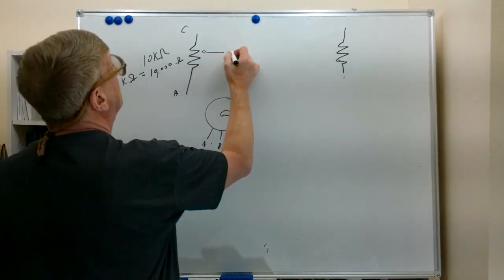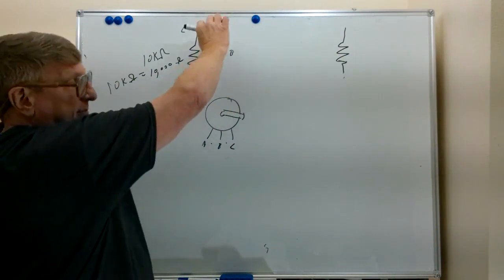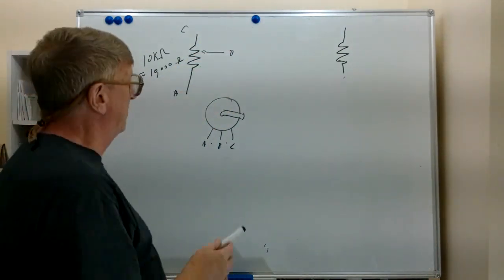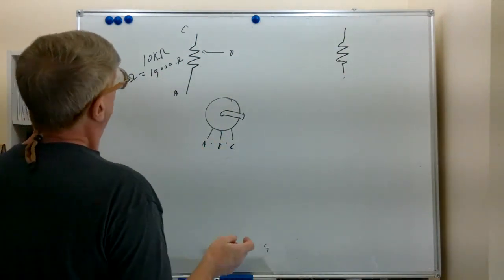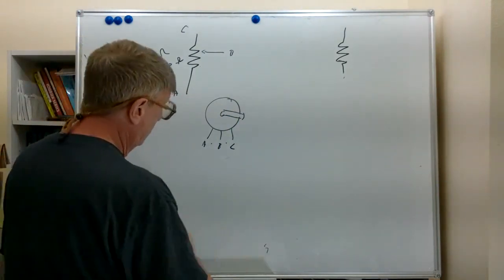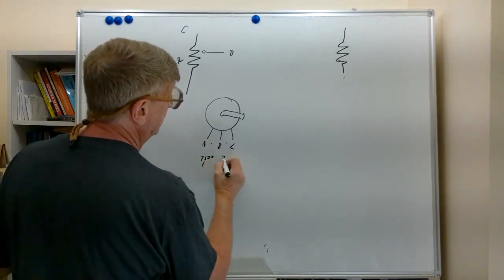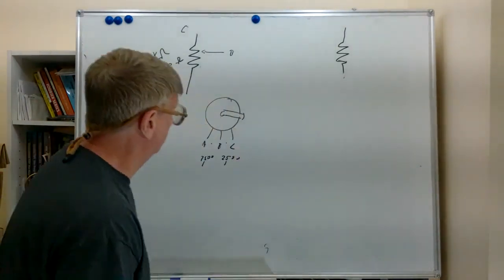Now the 75% position. You don't usually see this wiper, this arrow, drawn in different places on the schematic diagram. It's generally the center, but I'm doing that to illustrate my point. When we go up here to the 75% position, we have 7,500 ohms from A to B and 2,500 ohms from B to C.